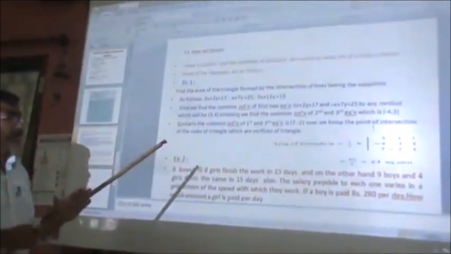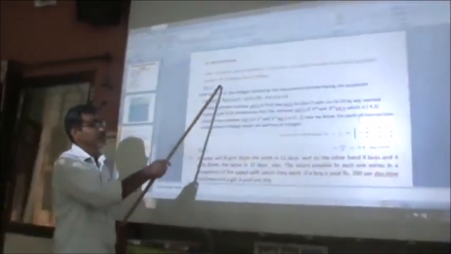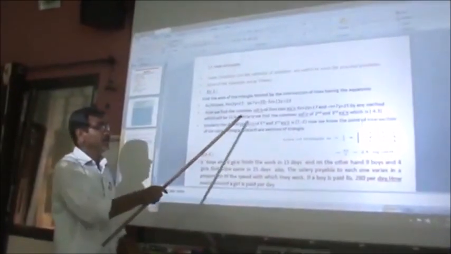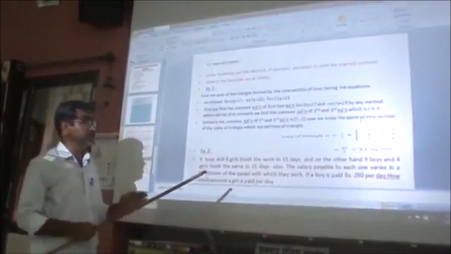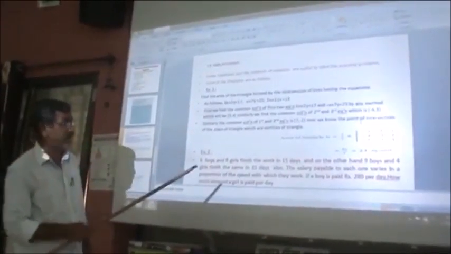By any method we can solve, and we will get their point of intersection. That point of intersection will be the vertex of the triangle of the two sides. Similarly, we will solve second and third equation, then first and third equation. We will get the point of intersections, means the vertices of the triangle.